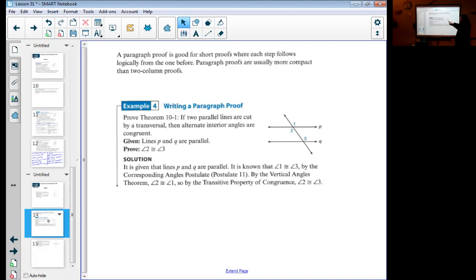We know that because it forms an X, it is a vertical angle. So by the transitive property of congruence, we know that angle 2 is congruent to angle 3. Because it is a very short proof, it makes some amount of sense to do that as a paragraph proof.